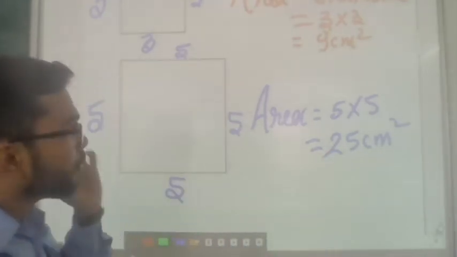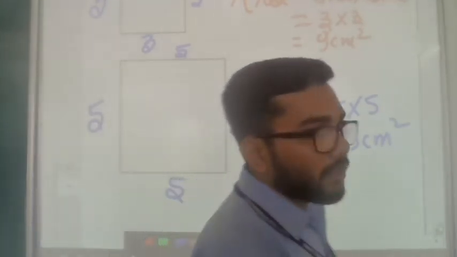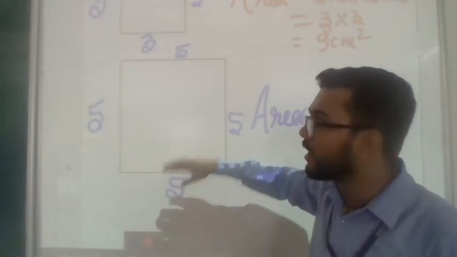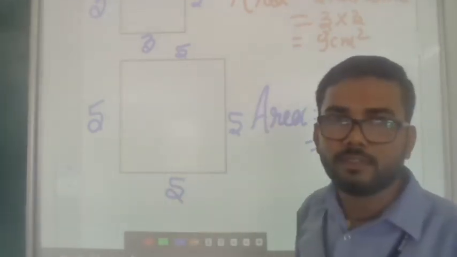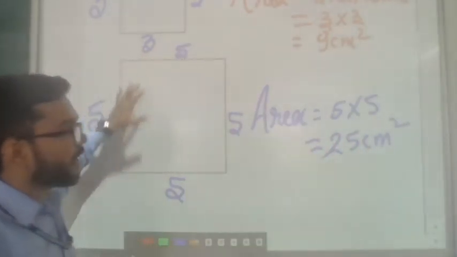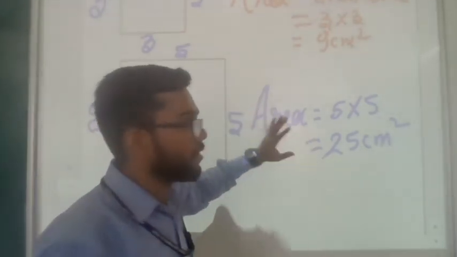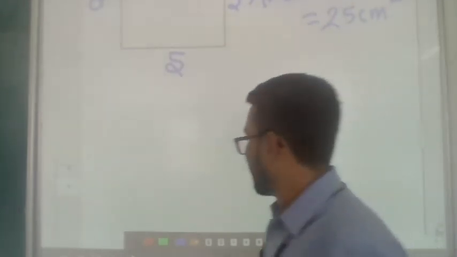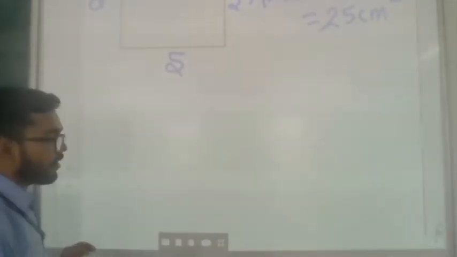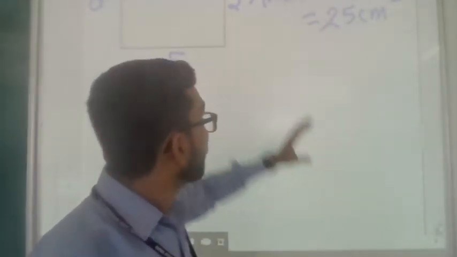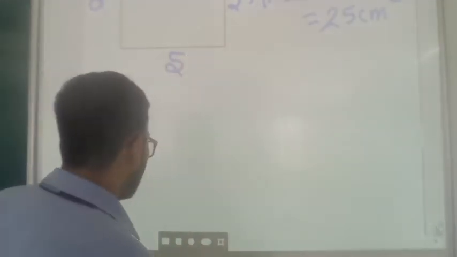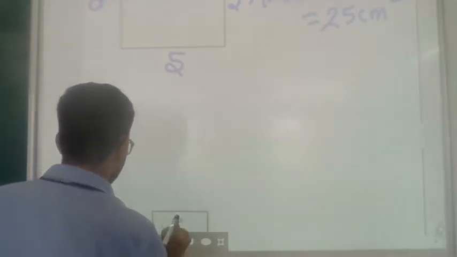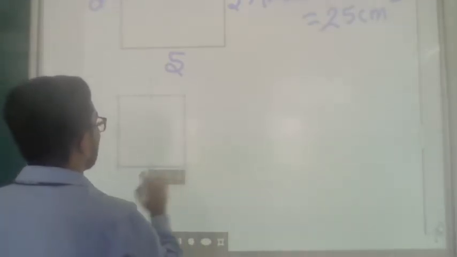So what you see is, as the length of the side varies, the area also varies. So we will take a variable for this.